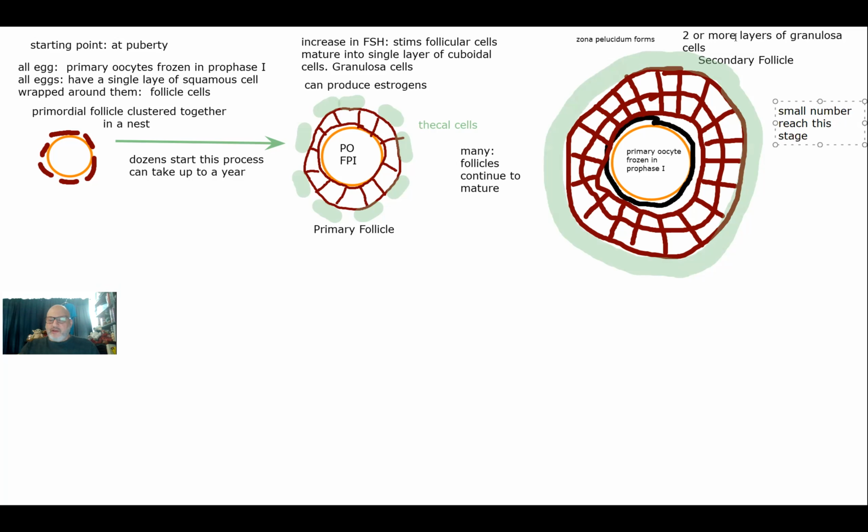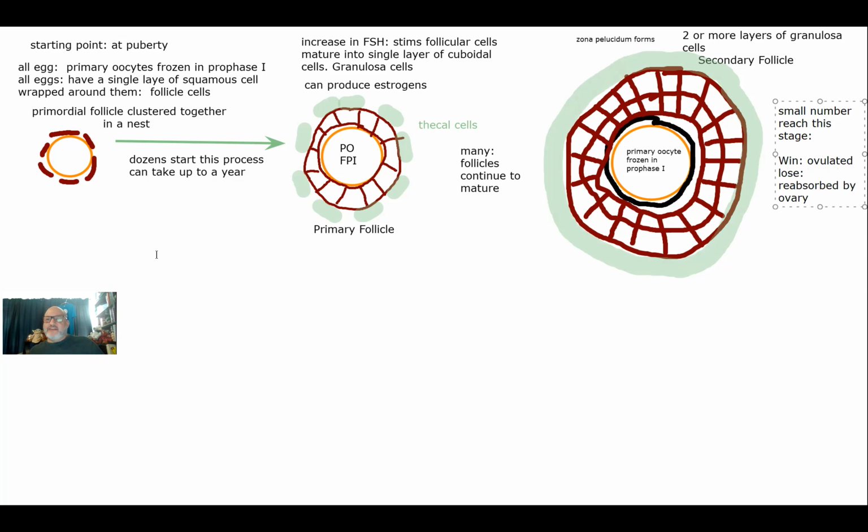And at this point, the race is on. You either win, and if you win, you get ovulated. If you lose, then basically you're broken down and reabsorbed by the ovary.